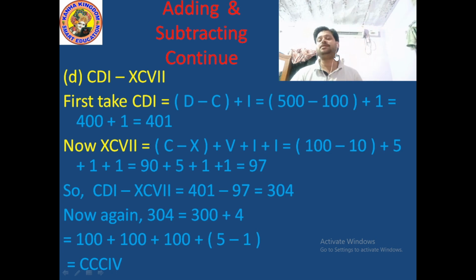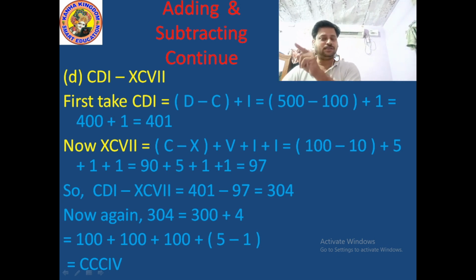You have to subtract 97 from 401. So 401 minus 97 equals how much? Is it 305 or 306? 401 minus 97, which one?